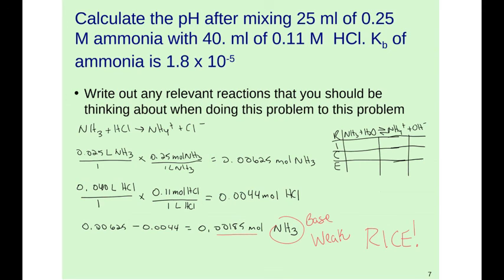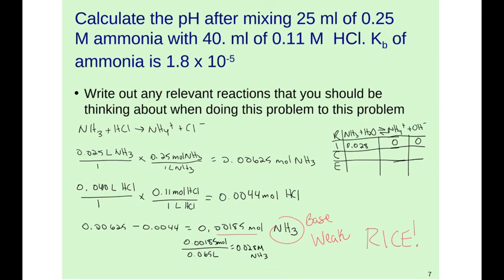And when we do that, we take our excess ammonia, we divide by the volume of the entire solution. We get 0.028 molar for our ammonia. That's going to be our initial ammonia amount. That's what's going in our RICE table. And the initial ammonium is 0, and the hydroxide is essentially 0.